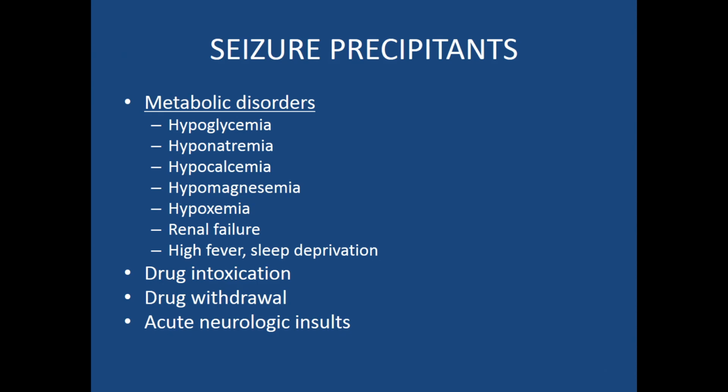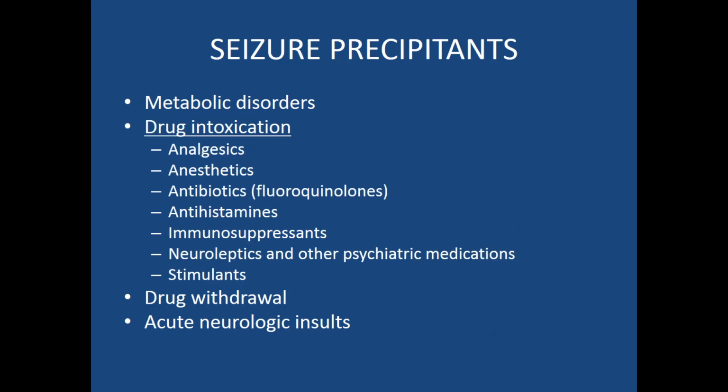Some of the seizure precipitants include metabolic disorders such as hypoglycemia, hyponatremia, hypocalcemia, and so on, as you see listed here, or drug intoxication, drug withdrawal, or acute neurological insults. Drug intoxication, I have a few listed here, which can include antibiotics such as fluoroquinolones, antihistamines, immunosuppressants, and stimulants.